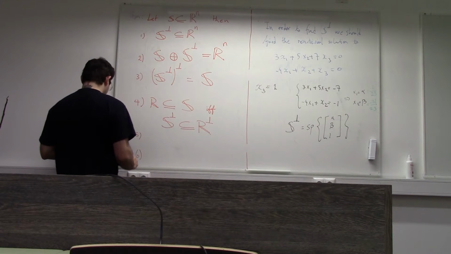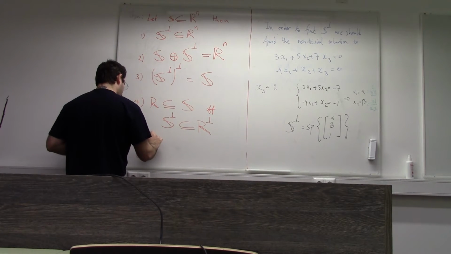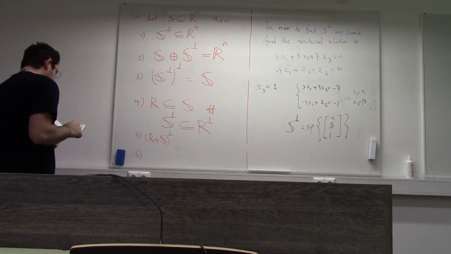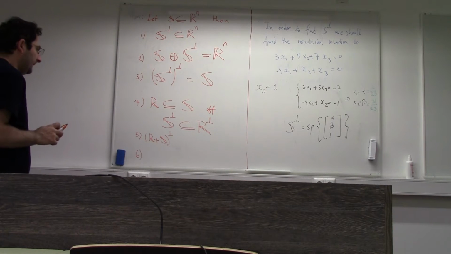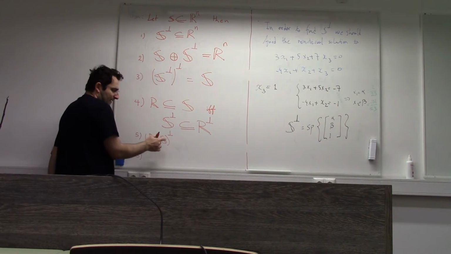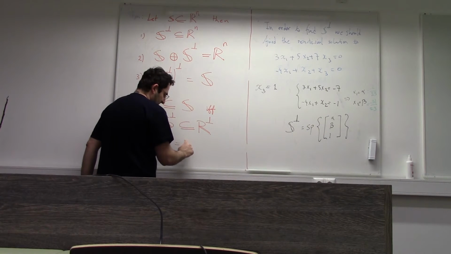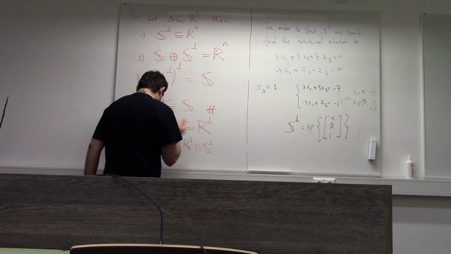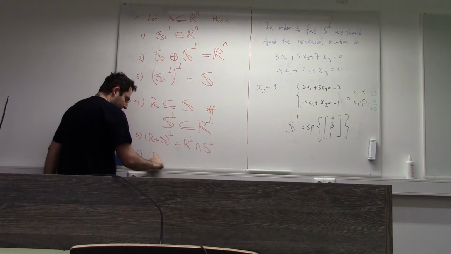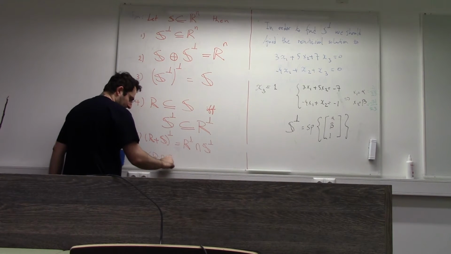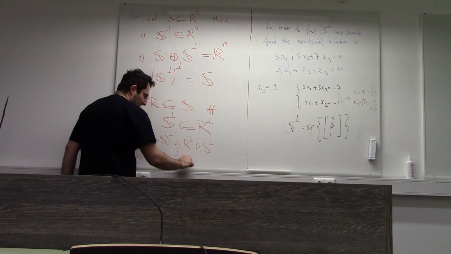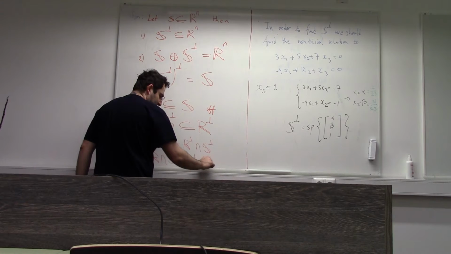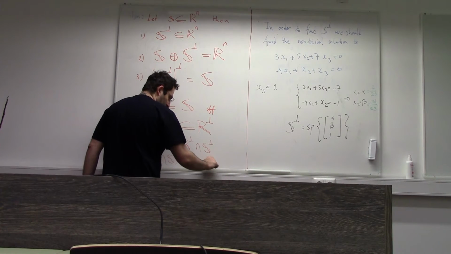Five and 6. R plus S orthogonal complement is R orthogonal complement intersected by S orthogonal complement, and R intersected by S orthogonal complement is R orthogonal complement plus S orthogonal complement.